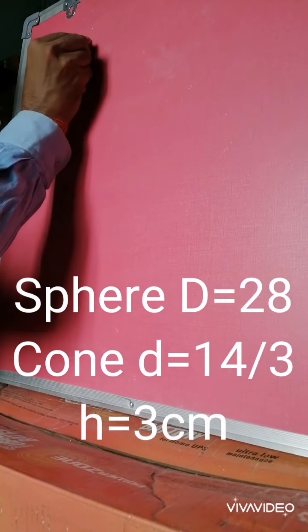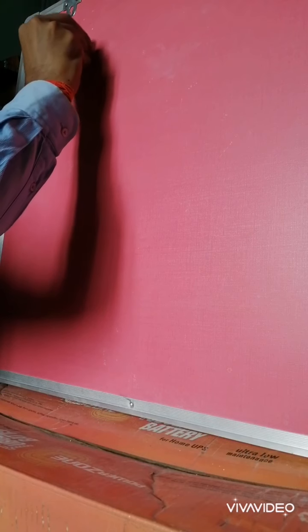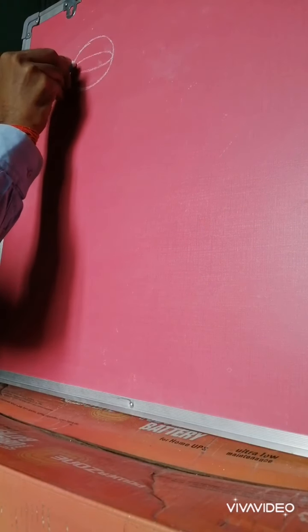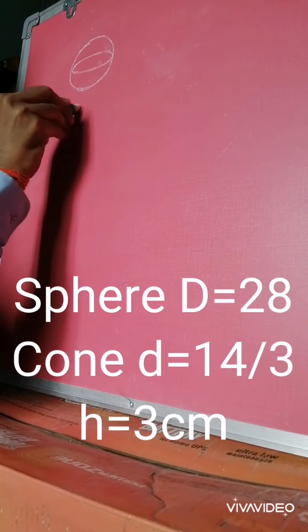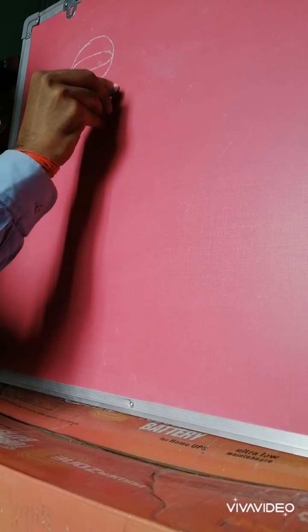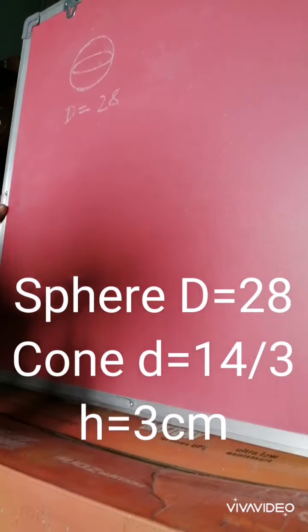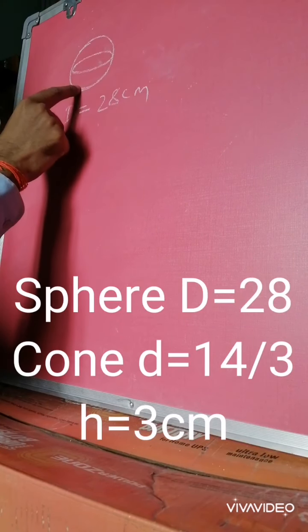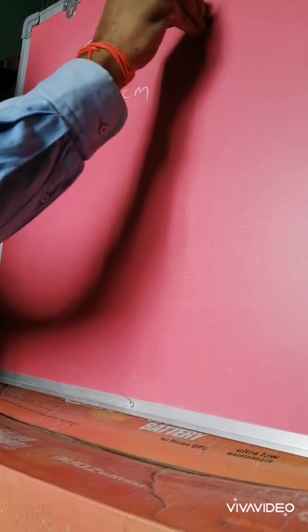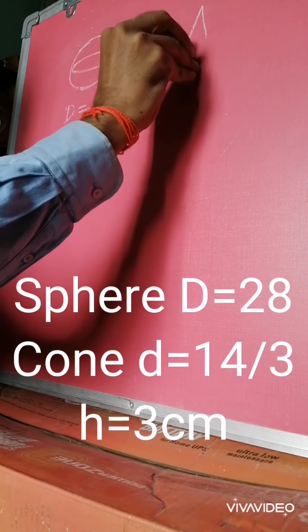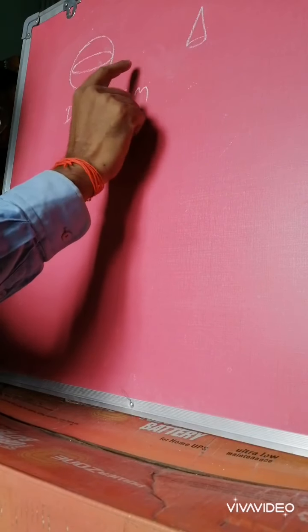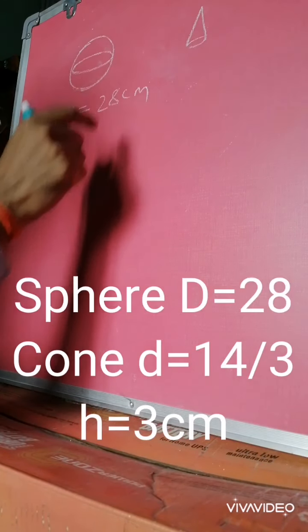A metallic sphere of diameter 28 cm is melted and recast into small cones. The question is, how many small cones can be formed?